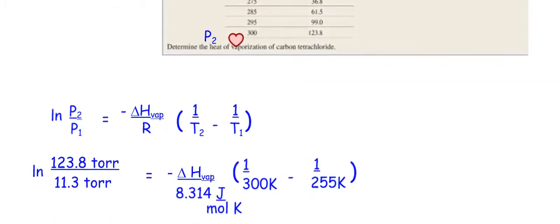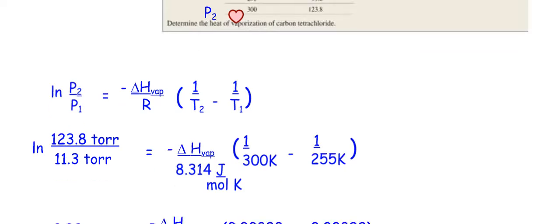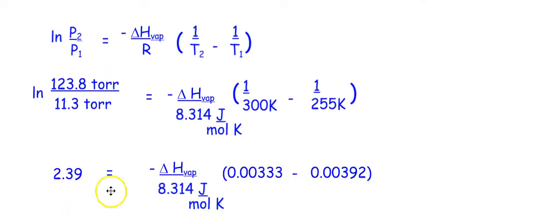So here I'm plugging in my values. Here's my P2, your 123.8, your P1 is 11.3. Here's my heat of vaporization, which I'm looking for, and 8.314 joules over mole K is my R. 1 over 300 K minus 1 over 255 K. Okay, so now I'm going to do a little bit of math.